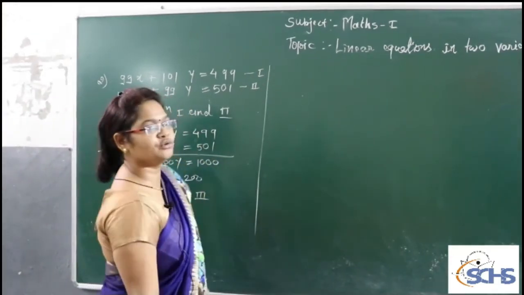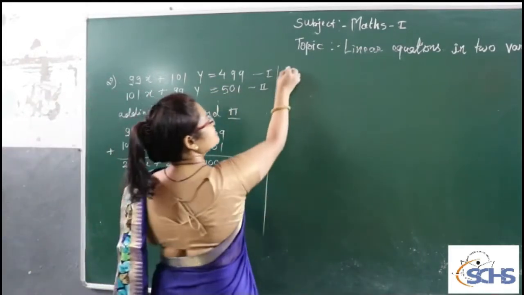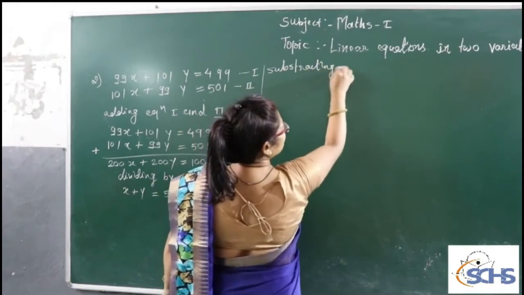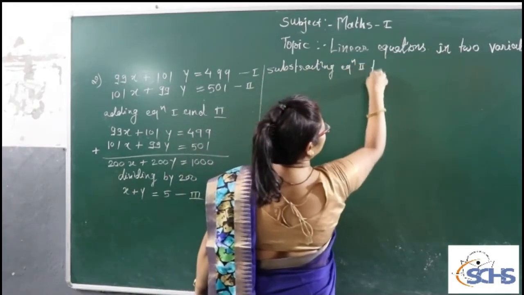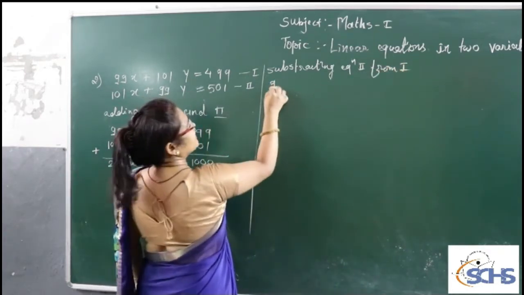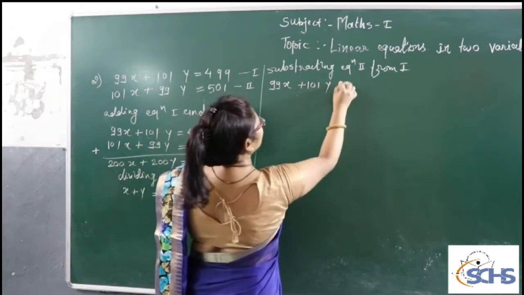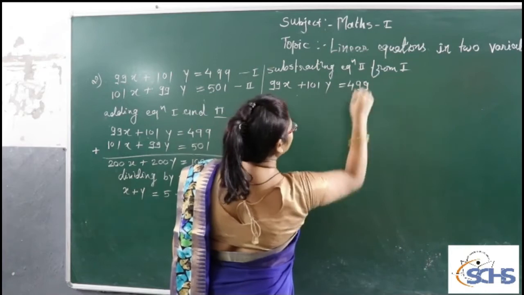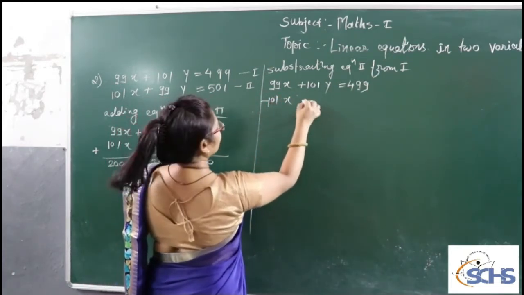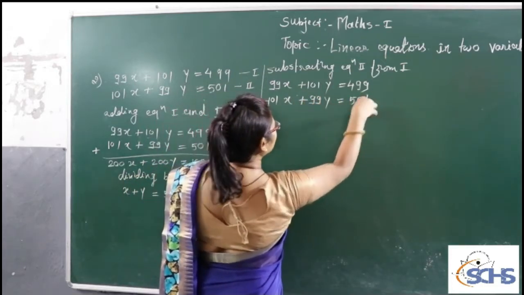After this, we will do subtracting equation second from 1. So subtracting equation second from 1: 99x plus 101y equals to 499 minus 101x plus 99y equals to 501.